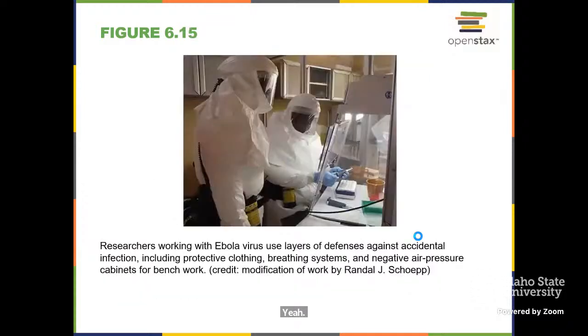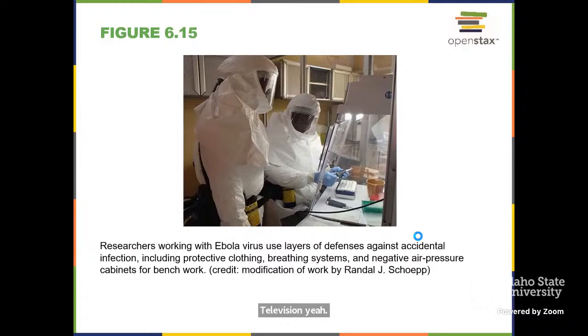We've seen, I don't know if it was this exact same image, but something pretty similar to this at the start of this semester when we were talking about different ways that we deal with microbes and potential safety levels for pathogens that are super serious, right? So Ebola virus is definitely one of those.